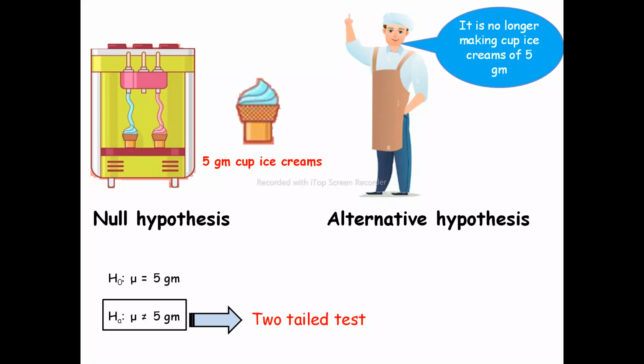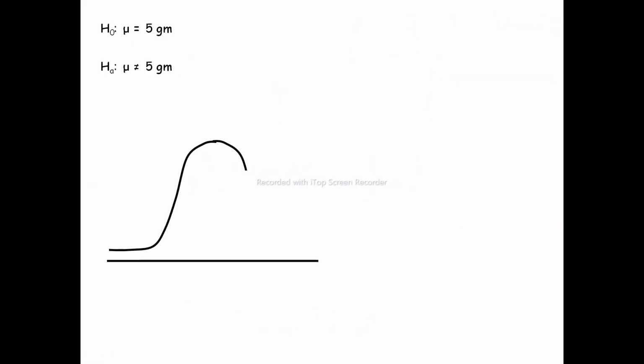Now let us draw a picture of this. We have a normal distribution, and we have some shaded area on the left side and shaded area on the right side as well. What does this shaded area mean?